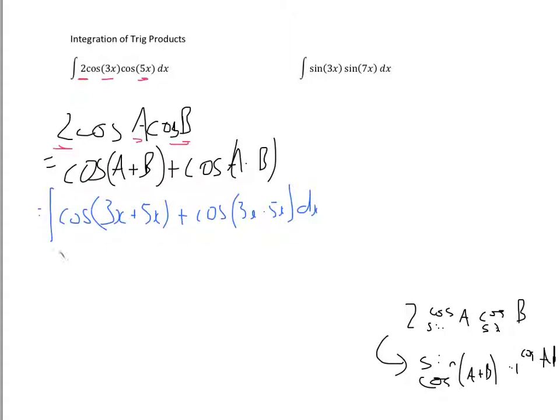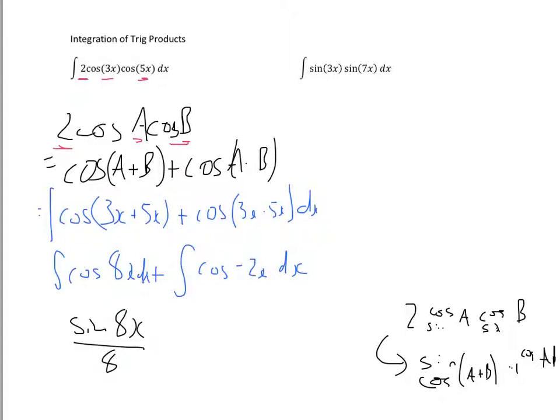So that's the integral of cos 8x plus the integral of cos minus 2x dx, yeah? And if we want to integrate those, we're going to go to sine 8x over 8 plus sine minus 2x over minus 2 plus c.